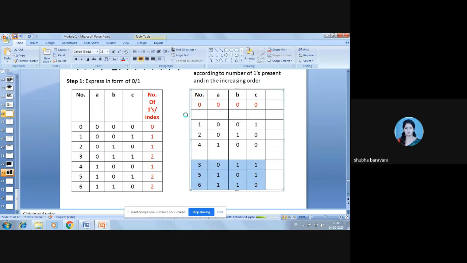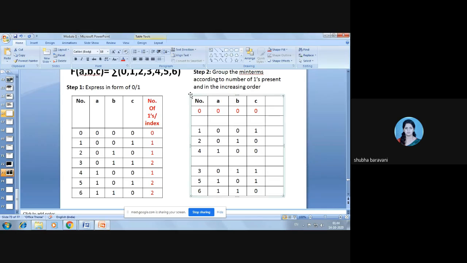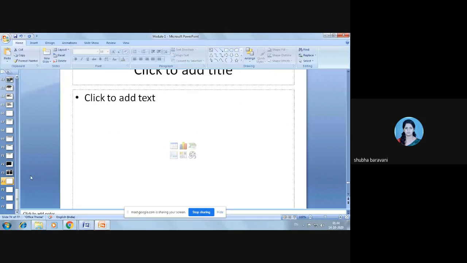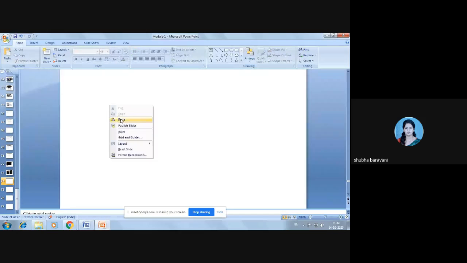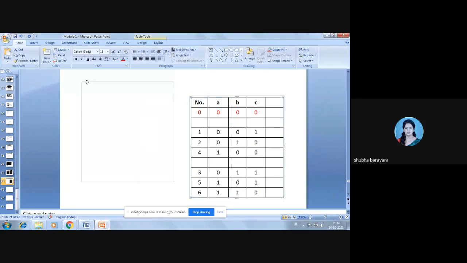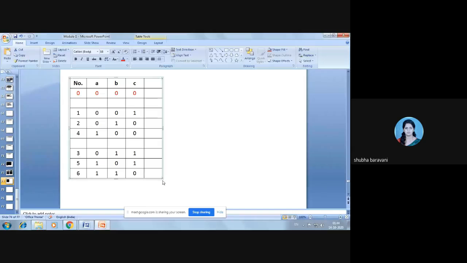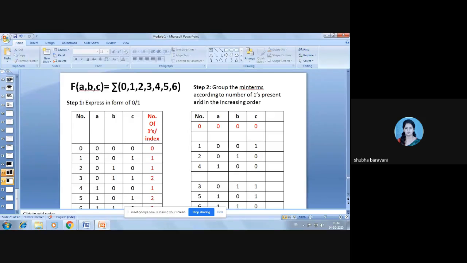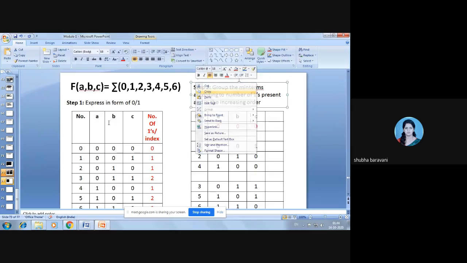Understood step 2, everyone? Yes, ma'am. Right, now I'll go to step 3. For that, the step 2 table is this. I'm taking the step 2 table.